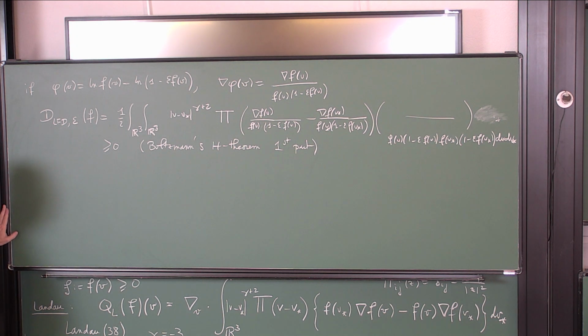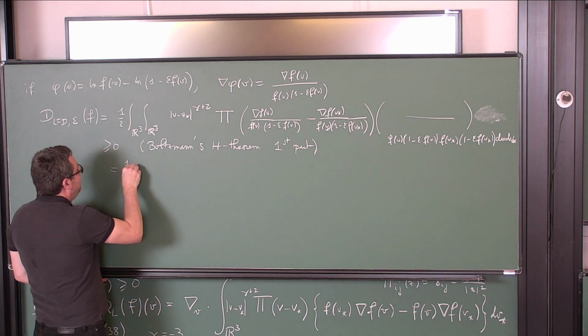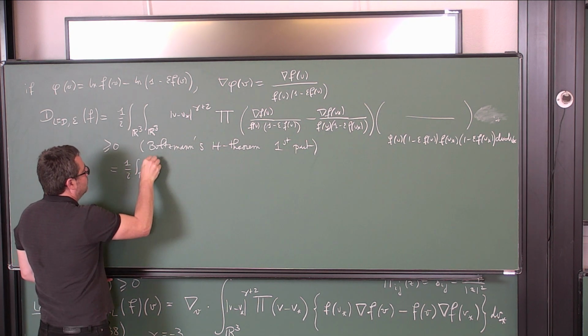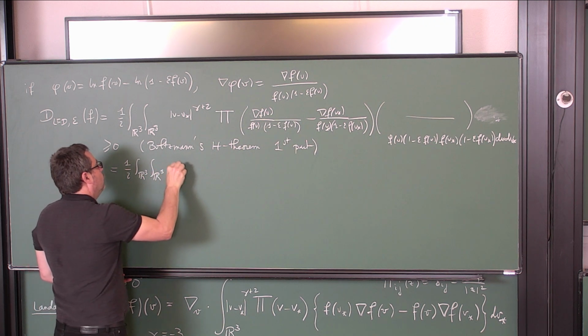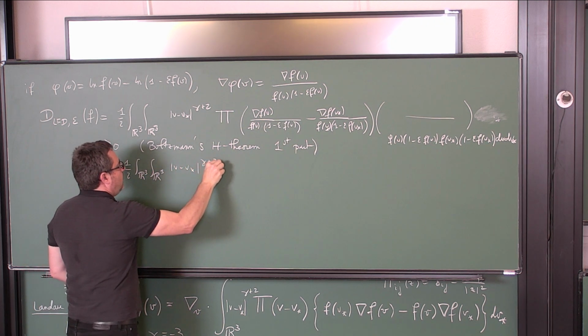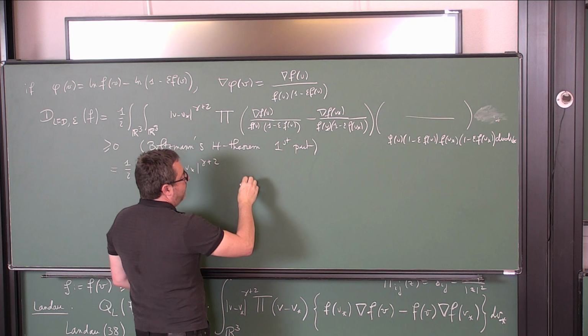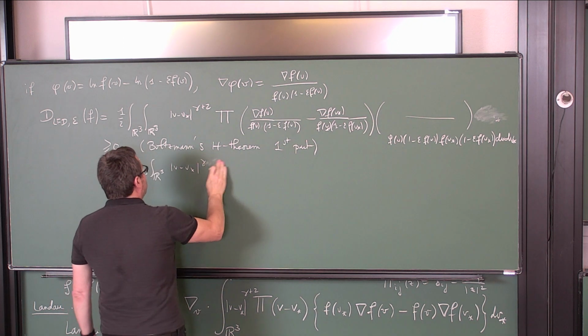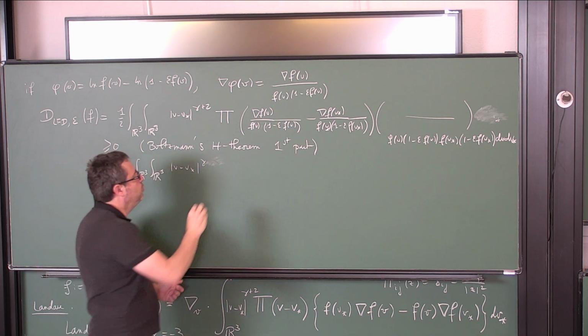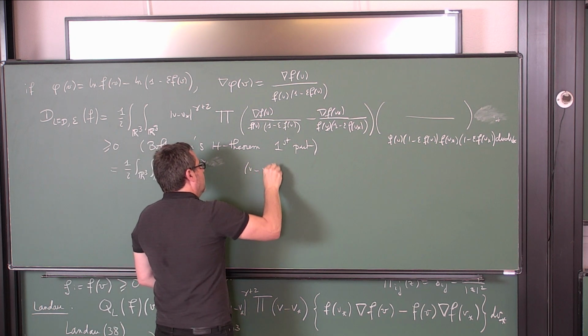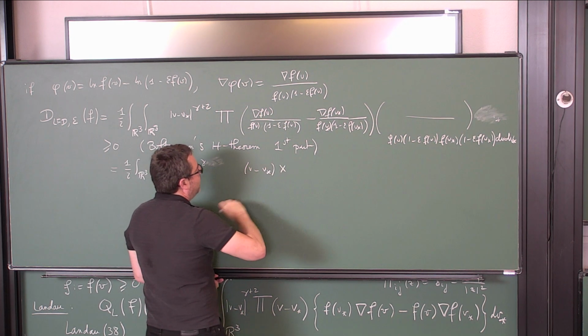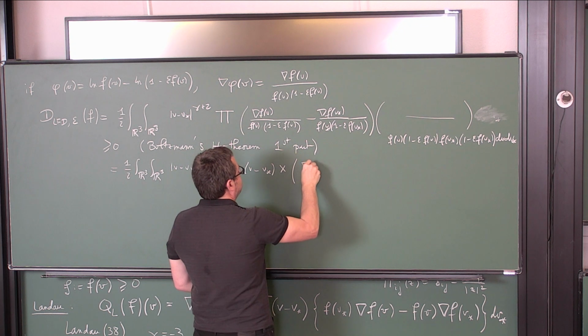So the next point is that it is maybe a better idea for computations to forget about the 2 here and to see this as the cross product between V minus V star and this quantity.